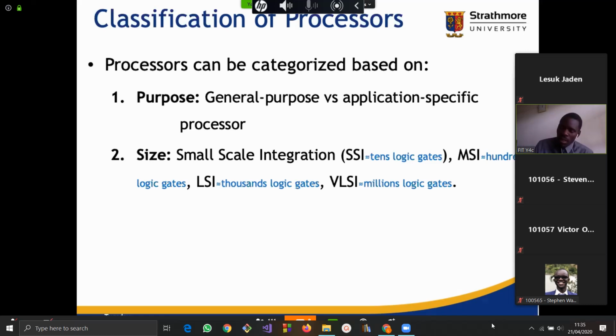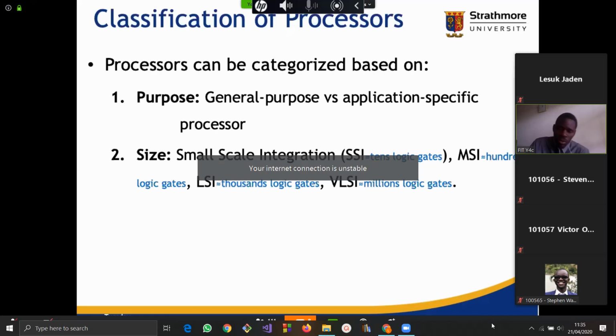If it's general purpose, then it's a general purpose processor. If it's for a specific application, then it's an application specific processor. General purpose can be used to achieve many tasks, and the specific can only be used to achieve the specific task it's designed for.